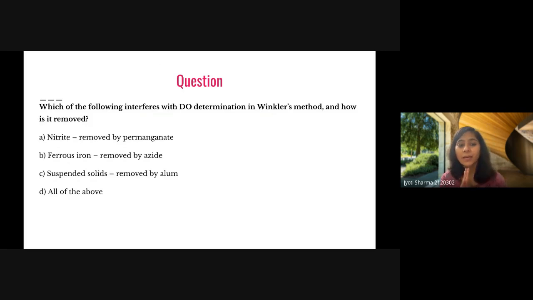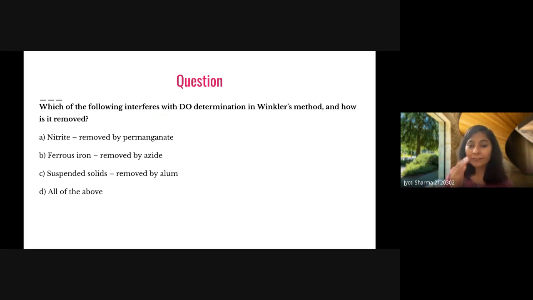But see, each method, whatever we have for different parameters, may have some limitations, or some of your chemicals can react with other parameters that we may have in the water. And for that we have to remove them. So along with dissolved oxygen you may have nitrate, you may have ferrous ion, or you may have suspended solid in your water, right?